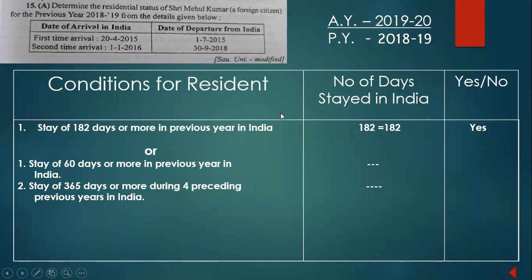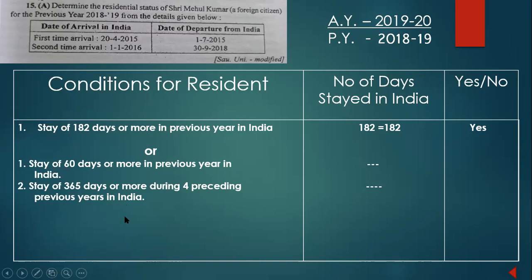See, this one condition is fulfilled, then we don't have to check these other two conditions, because our first condition has already been fulfilled. So we don't have to look for the other conditions. But in this table we have to write down these other conditions compulsorily.